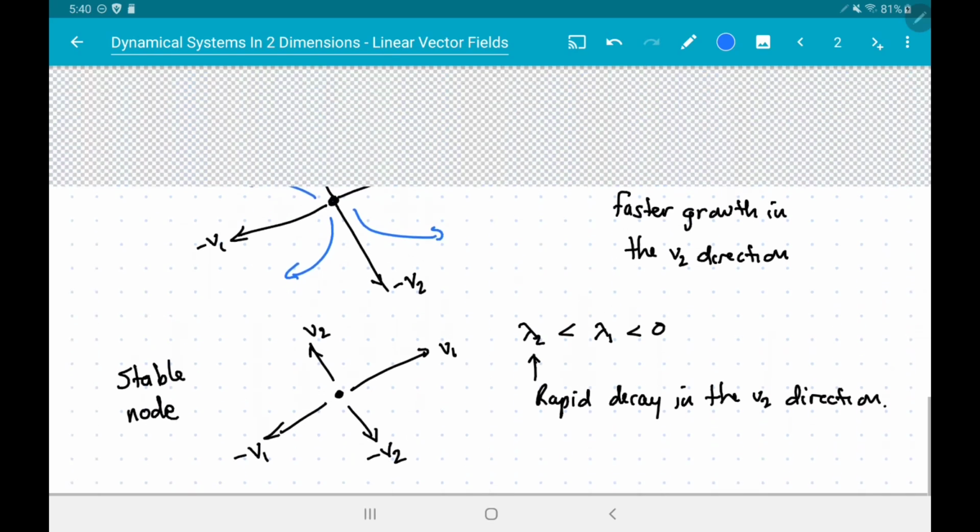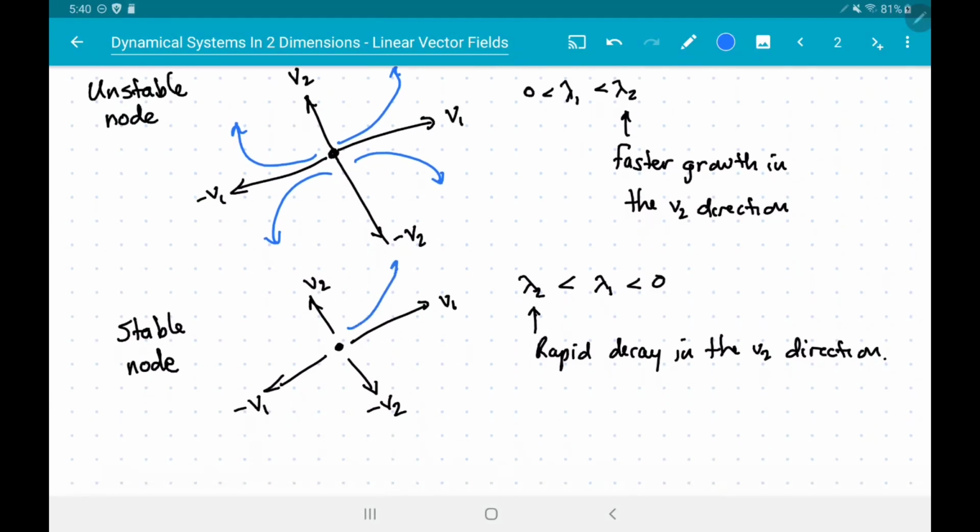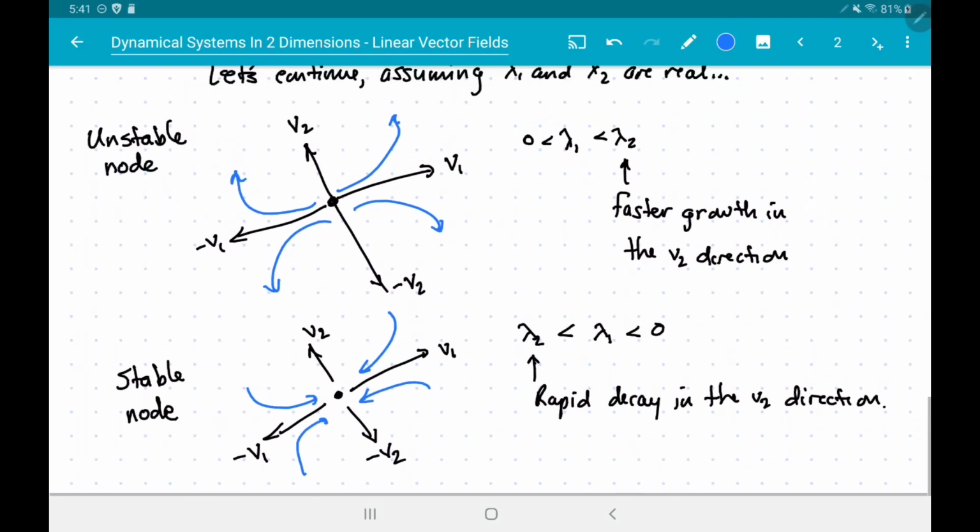You know what, I have been drawing these backwards. Nope, I'm drawing them backwards again. Okay, so that's what the solutions look like. The stable node and the unstable node should look basically the same, just with the trajectories running in reverse.